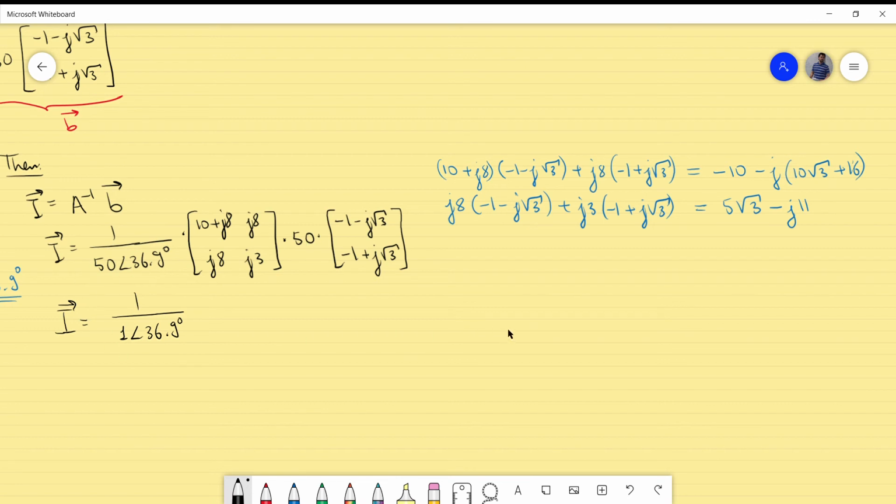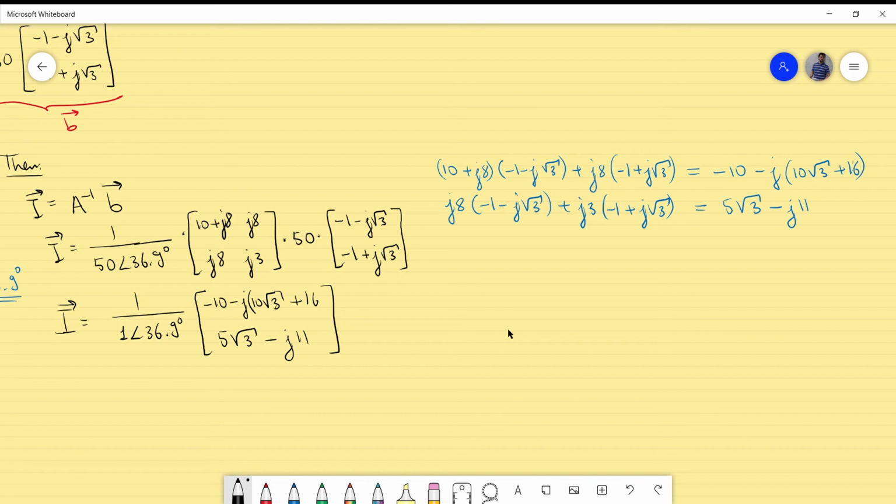And I have a new vector, which is minus 10 minus j, and then 10 square root of 3. I can see it is not enough. Let me first write it down. Plus 16. That will be for the first row, and for the second row, this will be 5 times the square root of 3 minus j11.